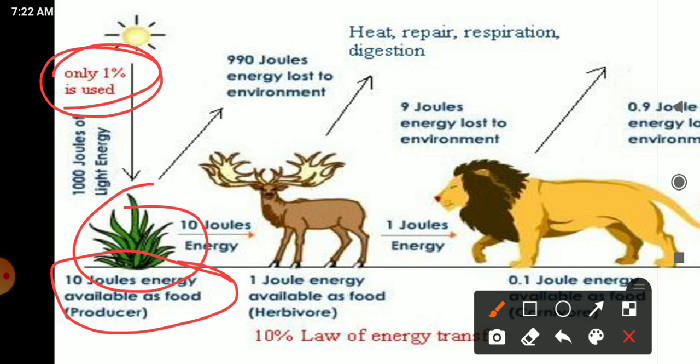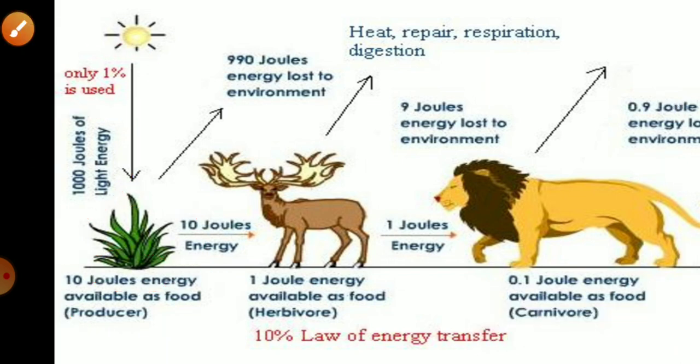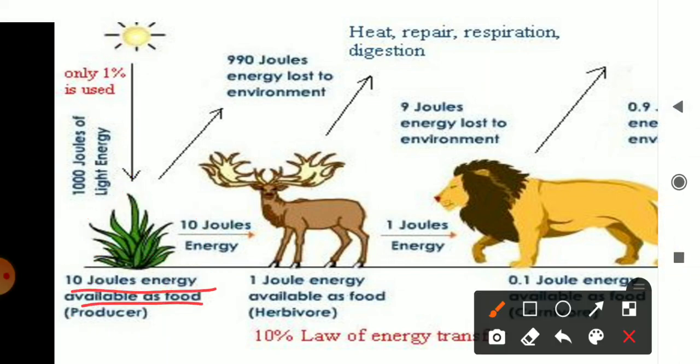Okay, so of the total energy, suppose if we take this example, 1000 joules of light energy is available on the plants from the sun, then of the 1000 joules, the plants will be using only 1% of the energy for preparing food. So the total energy that will be available at the plant level will be only 10 joules. Okay, then this 10 joules of energy from the producer is now available for the next level. So it's going to the next level as food.